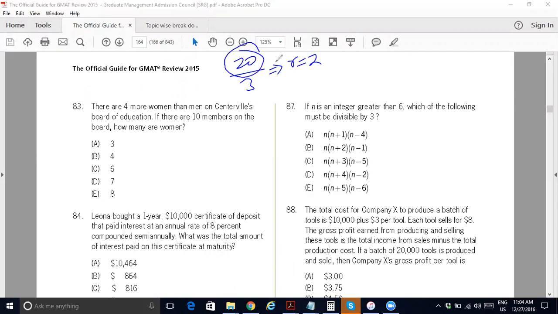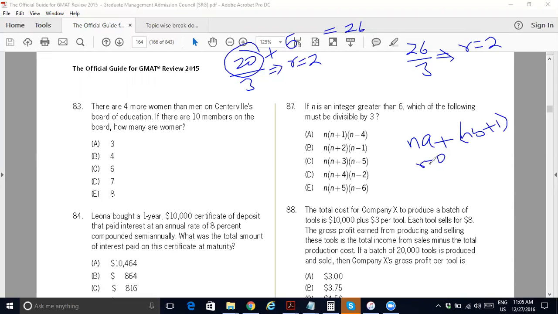To a non-multiple, if I add a multiple, I will get a number which will give the same remainder. Why? Because n times a plus, for example, nb plus 1. This is giving a remainder of 0 when divided by n, and this is giving a remainder of 1 when divided by n. The resultant number will give a remainder of 1 only.